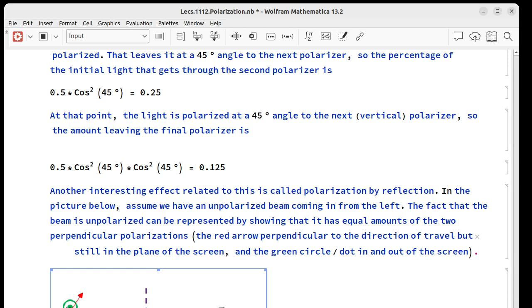If the red arrow made it through the reflection process, the red arrow would be in the direction of travel, and light is not allowed to oscillate like that. So we lose that polarization. That one has to go entirely into the refractive medium, into the water or whatever we're looking at here. So what this means is just because it got reflected, the light ends up polarized. We now only have this component. We've lost this one.